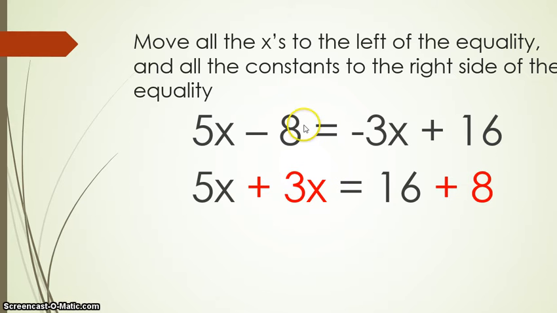Secondly, I take this minus 8 on the left hand side of the equals and move it to the right hand side of the equals so that it becomes plus 8. This means that I now have all the x's on the left side of the equal sign and all the constants or numbers to the right side of the equal sign.